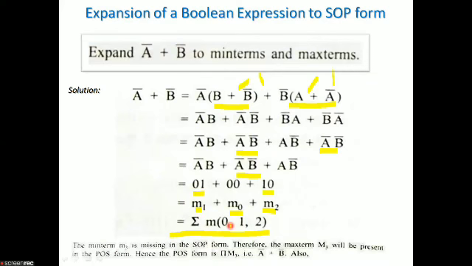So the max term M3 will be present in the POS form. Hence, the POS form is product of M3. So we can also write that the min terms are 0, 1 and 2 and the max term is max term 3. So this is solved.